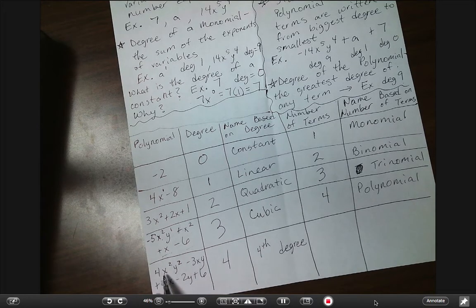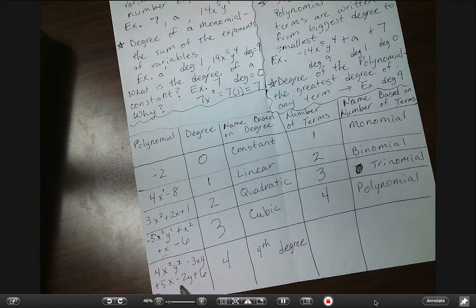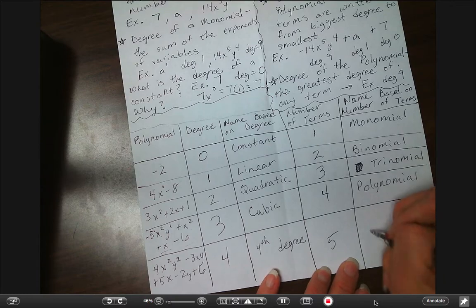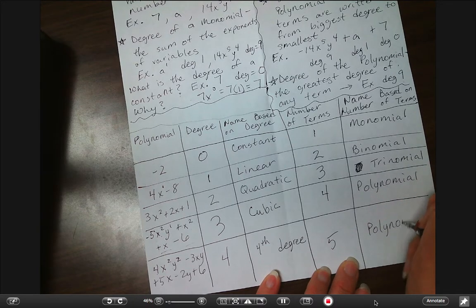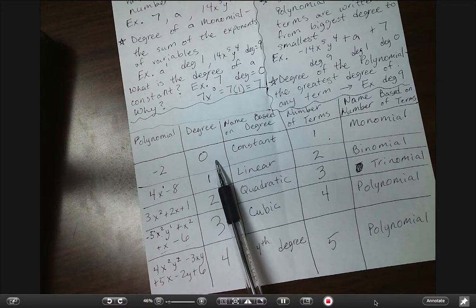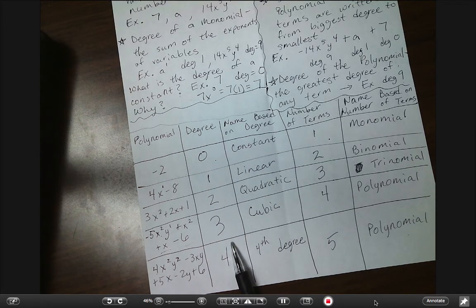It has 1, 2, 3, 4, 5 terms, and so that is just called a polynomial. So we only have special names for terms 1 through 3, otherwise they're called polynomials. And we only have special names for degree 0 through 3, otherwise we're just going to call them 4th degree, 5th degree, 6th degree, and so on.